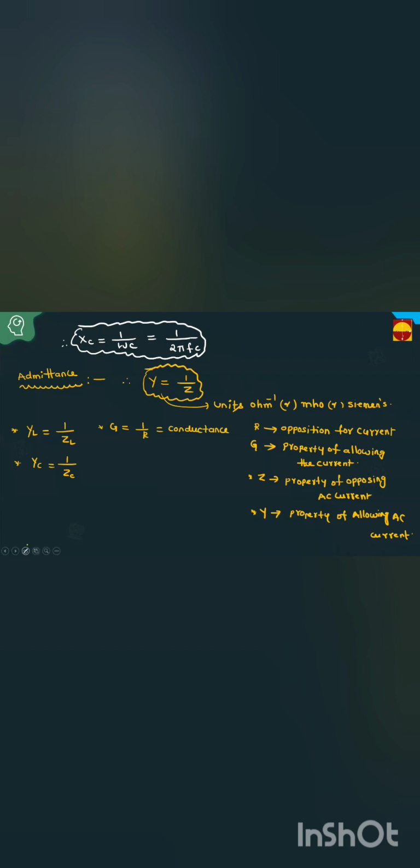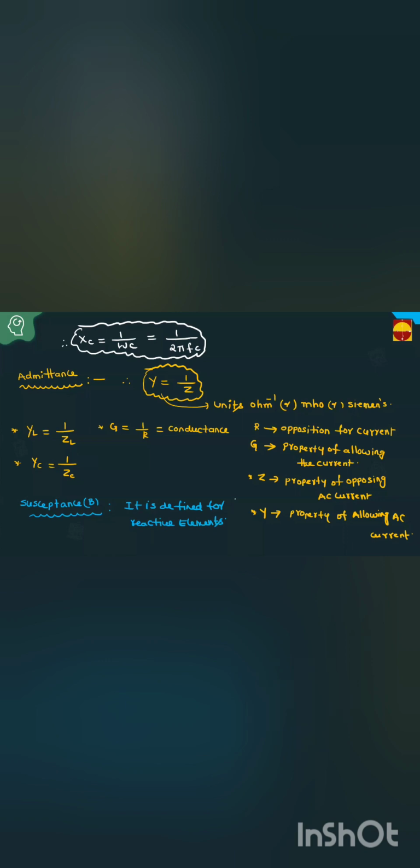Then we have defined one more term here, susceptance. The susceptance is defined for reactive elements, just like inductor and capacitor. How to define susceptance?